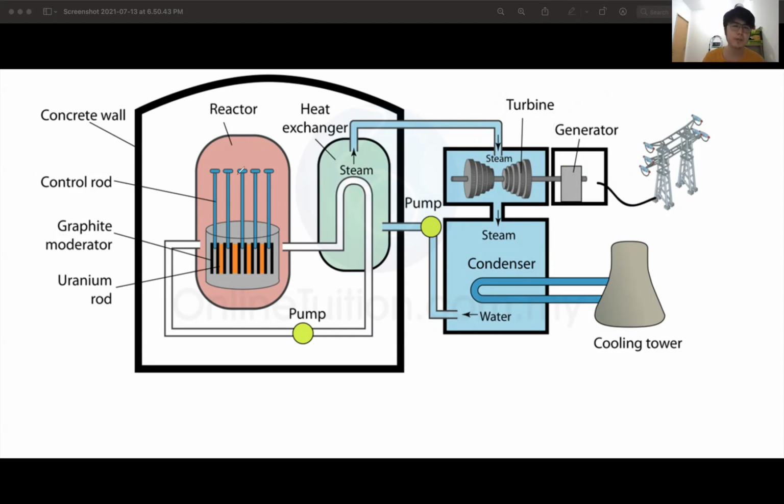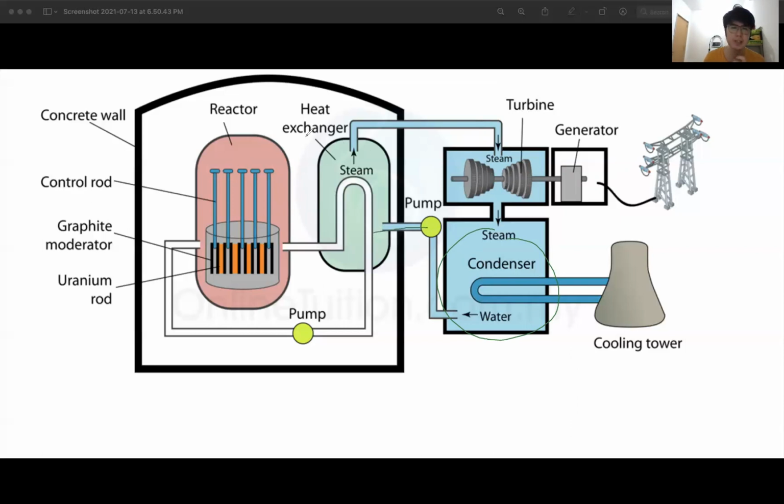Basically we use the radioactive material to heat up the water. We boil the water. Why do we want to boil the water? You can see the water comes from the condenser here. We start here, at the condenser. Water flows from the condenser to the pump and then into this heat exchanger.